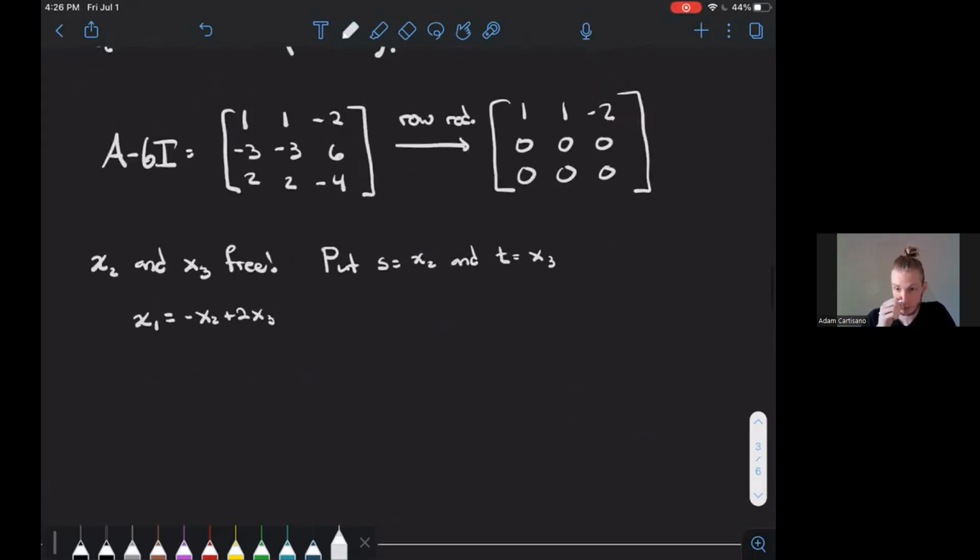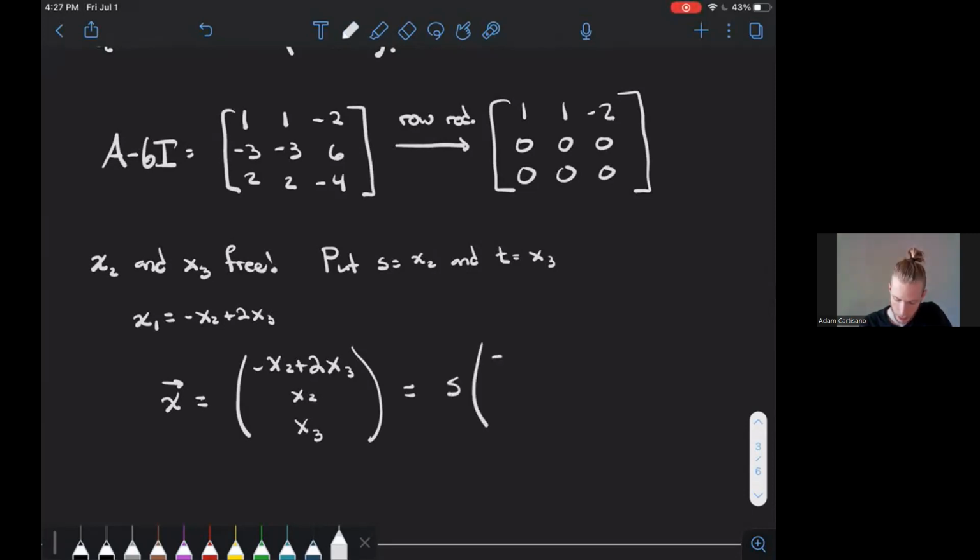And so the x vector, the solution to the homogeneous system, is precisely negative x2 plus 2x3, x2, x3, which in terms of s and t is just s times the vector negative 1, 1, 0, plus t times the vector 2, 0, 1.